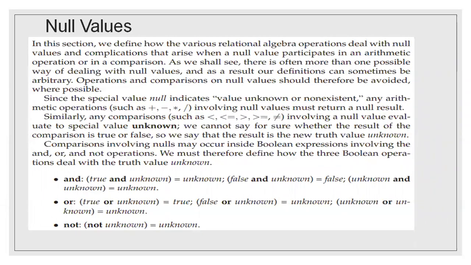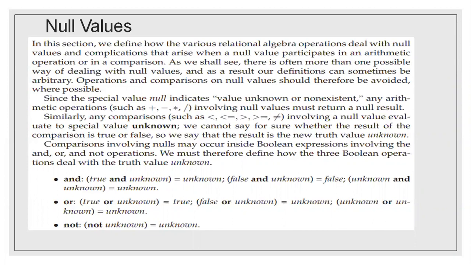Similarly, any comparison such as less than, less than or equal to, greater than, equal to, not equal to, involving a null value evaluates to the special value unknown. So we cannot say for sure whether the result of a comparison is true or false. So we say that the result is unknown, giving a new truth table.